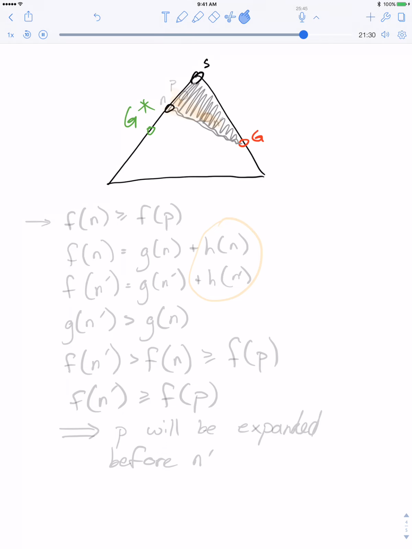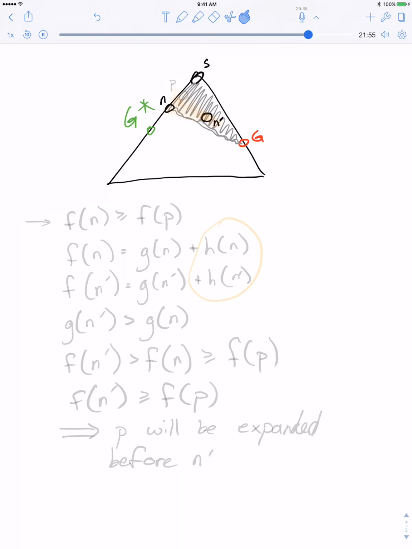What we're more concerned with now is, for this n that we expect is going to be the node to save us because it will be expanded before G, taking us down to G star, what if instead of n, the state that is in n was also at another node n prime, which is suboptimal.